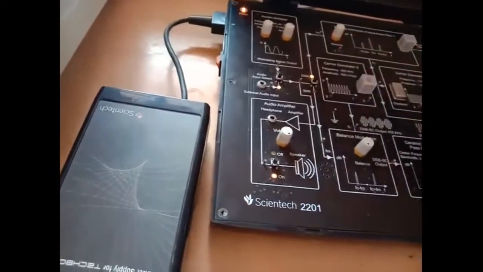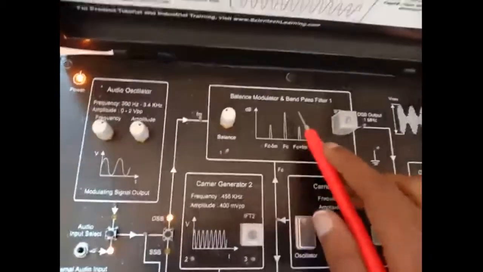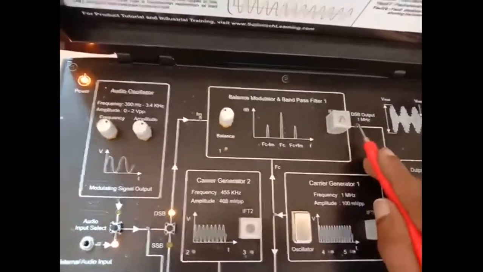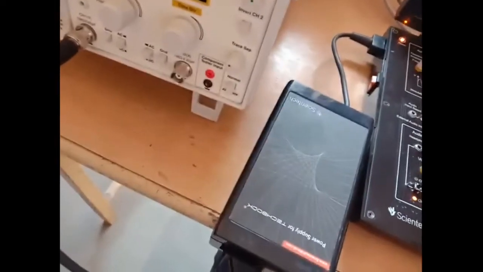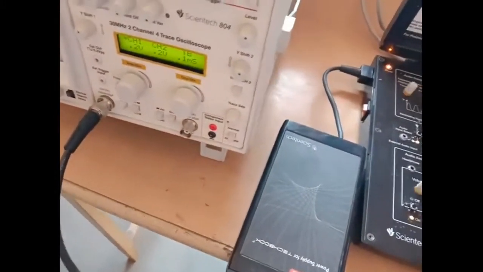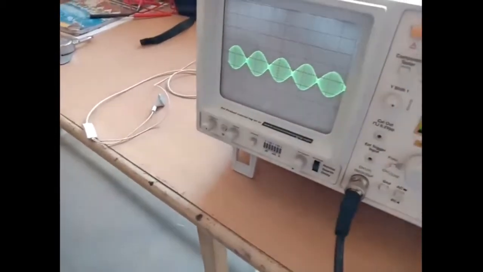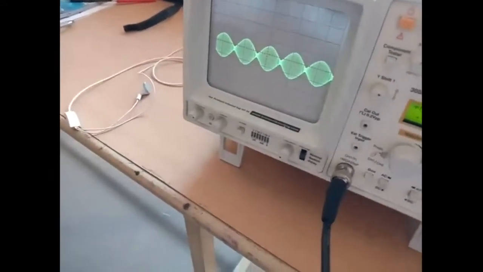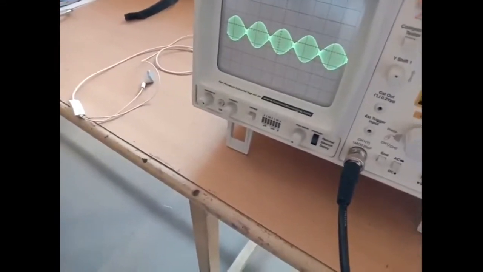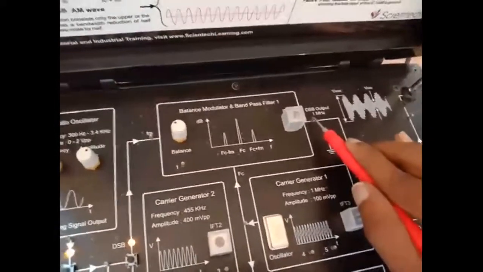Okay. Now check the signal after it passes the balance modulator and bandpass filter number 1. Look on this arrow.